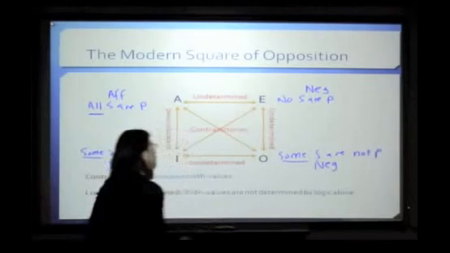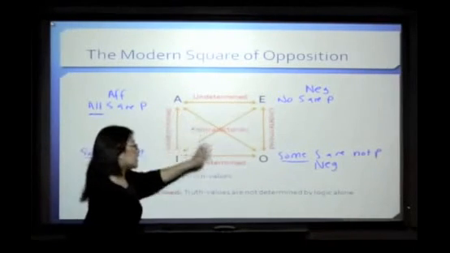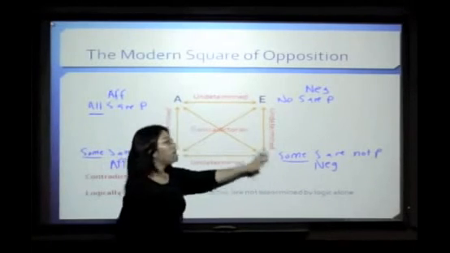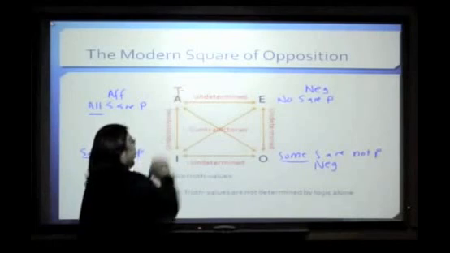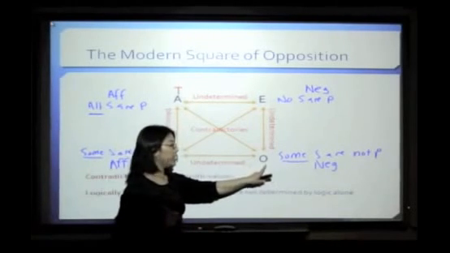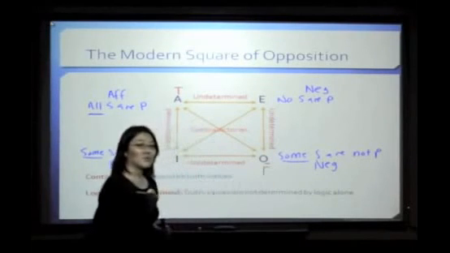Now, given that you have these different types of statements, they're related to each other in various ways. So here we have an A-type statement is contradictory to an O-type statement, meaning that if an A-type statement is true, then its contradictory is going to be false. So the O-type statement will be false.